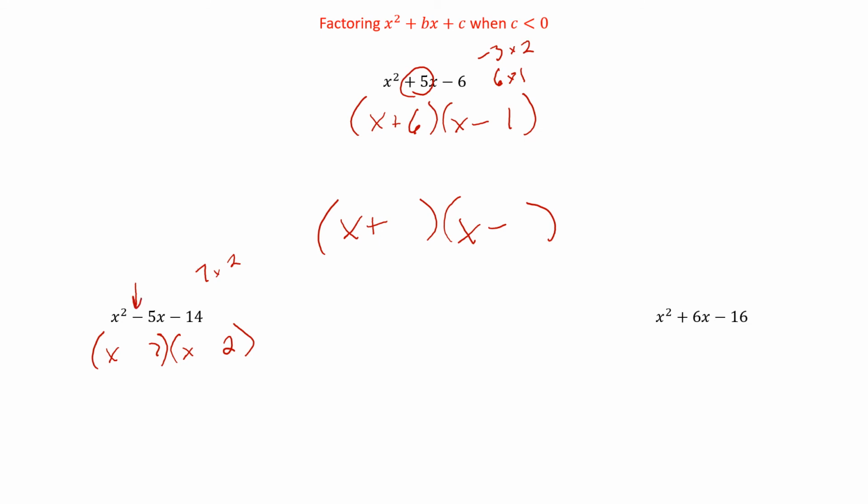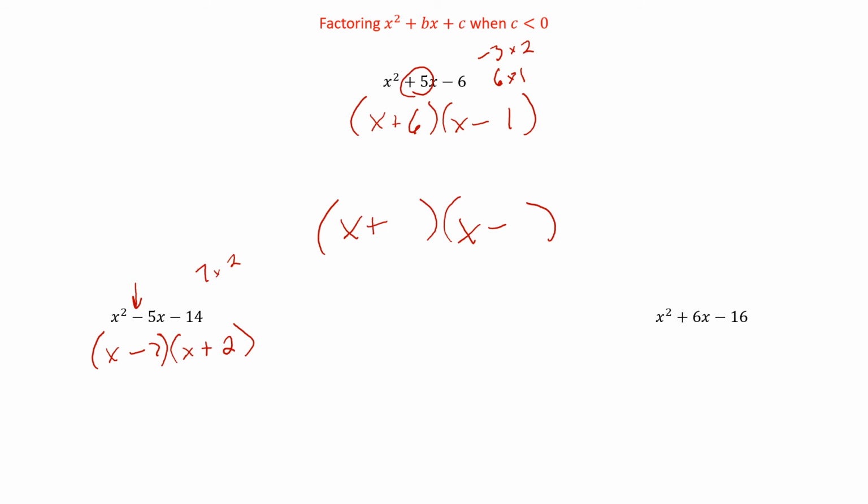Remember, this sign goes with the bigger of the two. 7 is bigger, so we have minus 7 and plus 2. If we distribute this, x times x is x squared. Then we have plus 2x minus 7x is minus 5x. And then negative 7 times 2 is negative 14. So we're good to go.